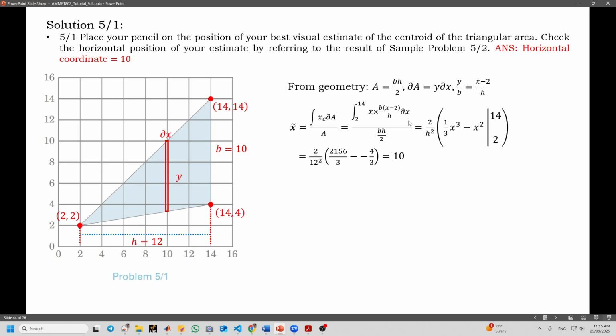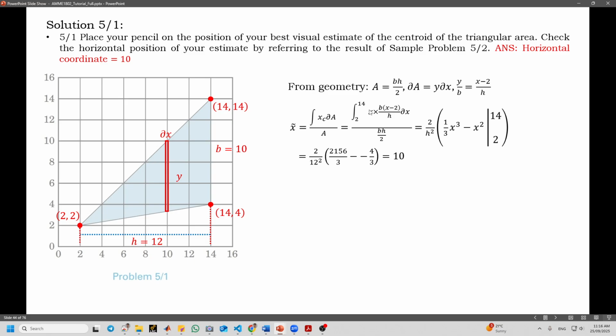And after doing some calculations, you know that x times x will be x squared, and the integration of x squared will be x to the power of 3 over 3, and minus 2x. Integration of x is equal to x squared over 2.